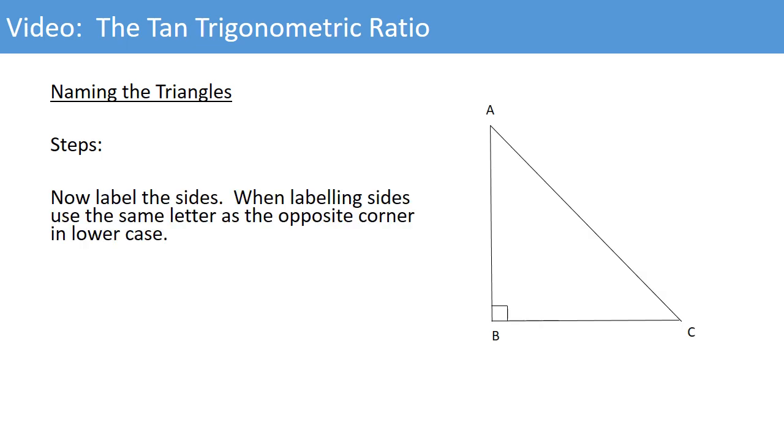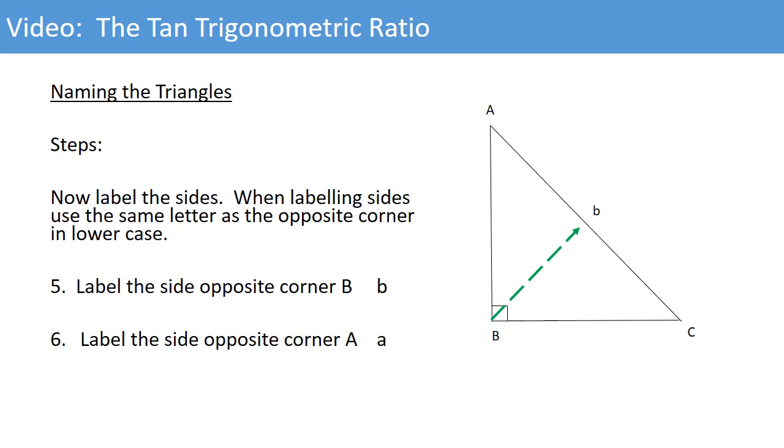Now, label the sides. When labeling the sides, you are going to use the same letter as the opposite corner, but you are going to write it in lowercase. Let's take a look. Label the side opposite corner B, little b. Draw the arrow across, label it b.